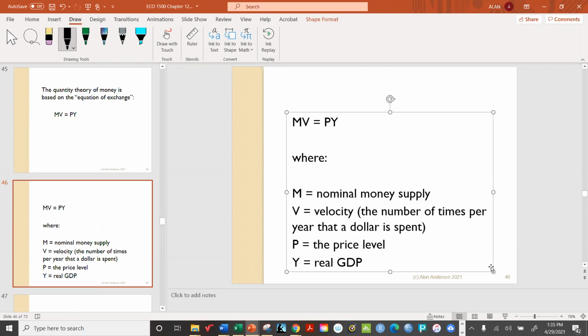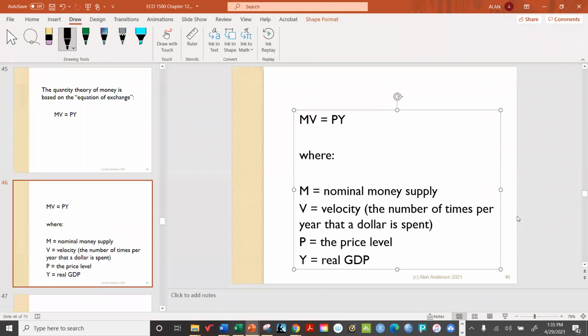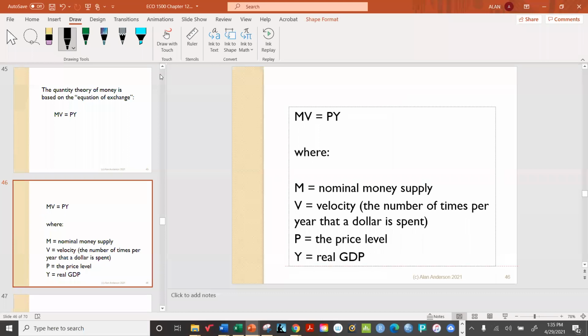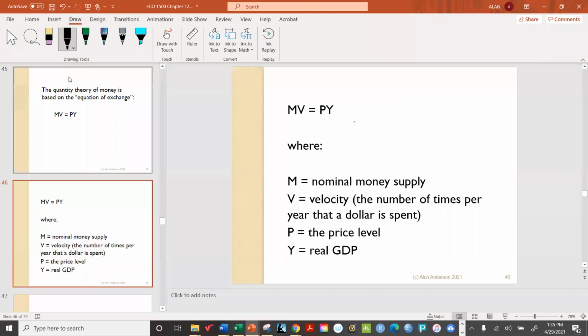V is velocity, which means how many times a year the same dollar is spent. P is the price level, and Y is real GDP. So what that means is that if you multiply these together, the right-hand side of this equation is actually nominal GDP.